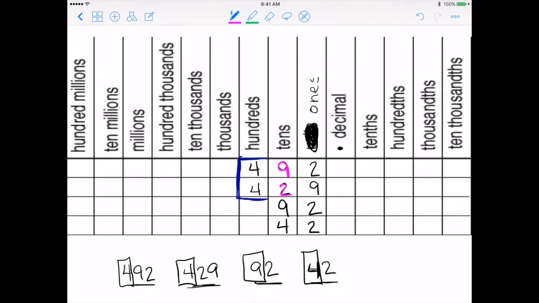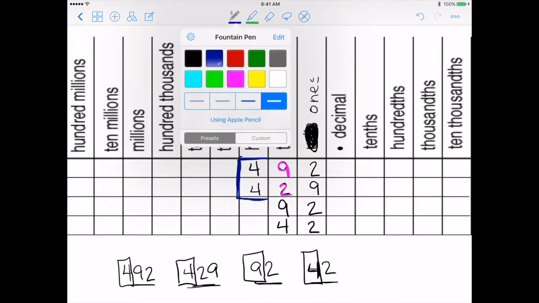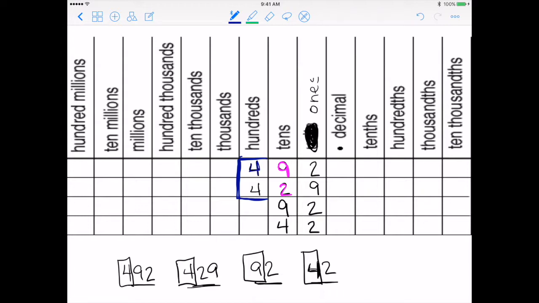Now, we also know that both of these numbers are greater than the next number, which is 92, because we have a 4 in the hundreds place in this number, but we don't have a digit in the hundreds place for this number.